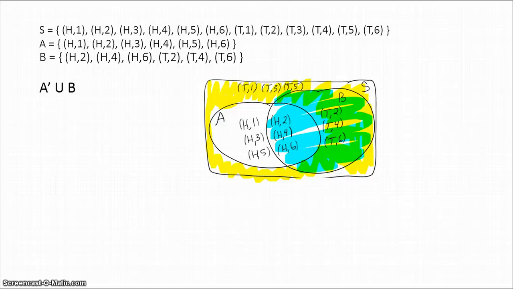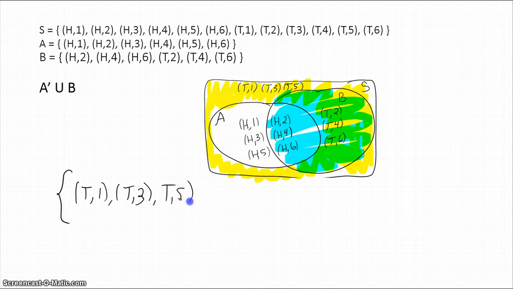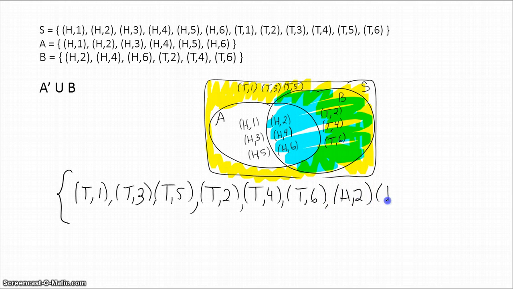So this gives us the set that includes T1, T2, T3, T5 that are shaded yellow, T2, T4, T6 that are shaded green, and H2, H4, and H6 that are shaded blue.